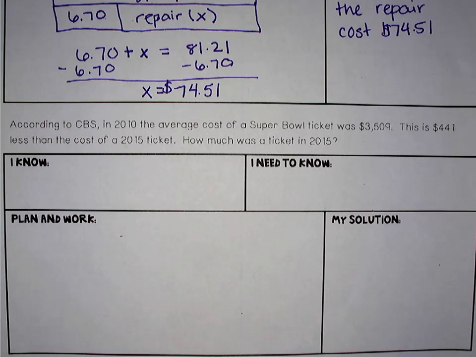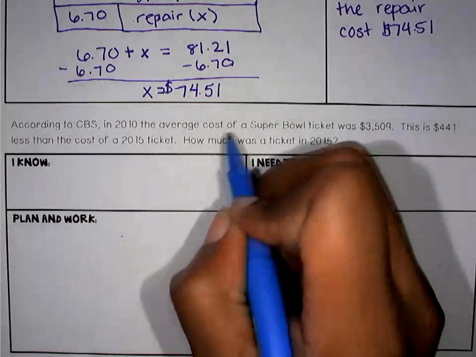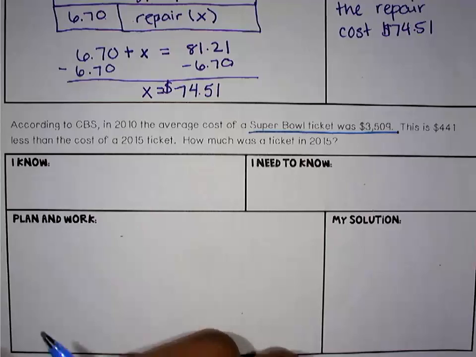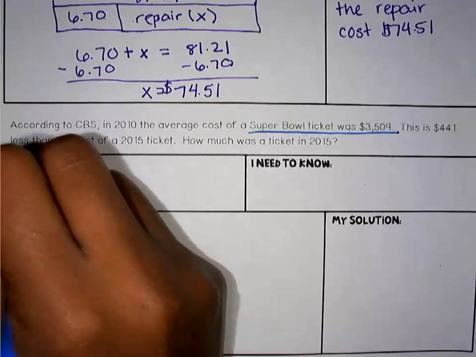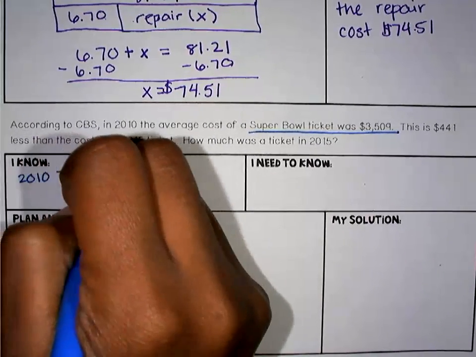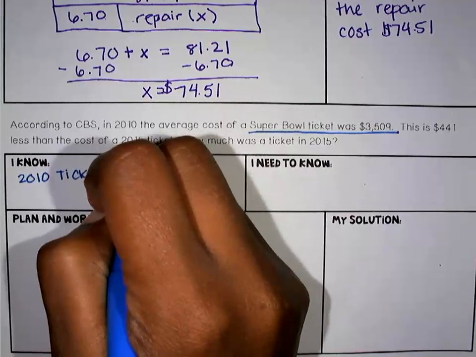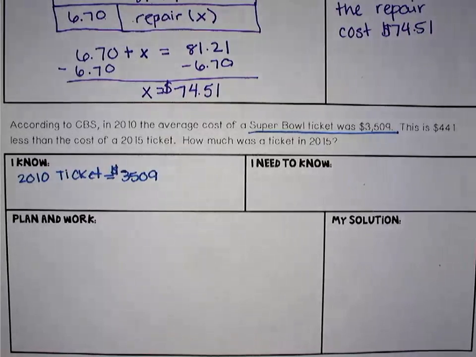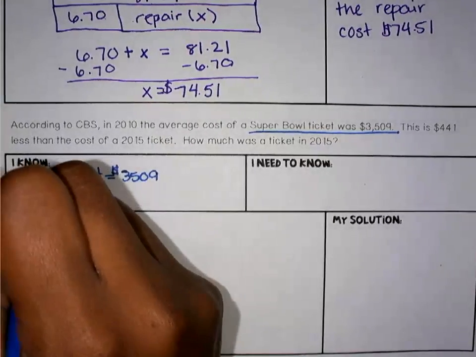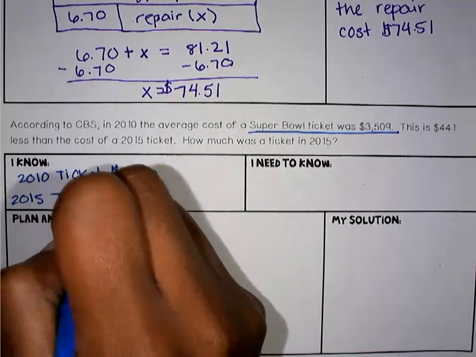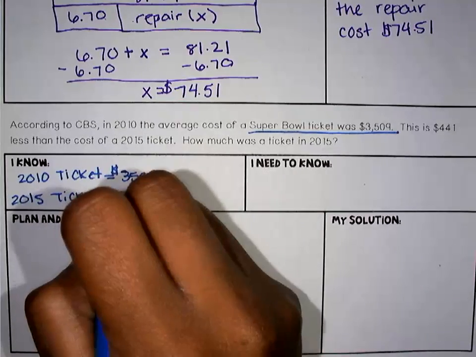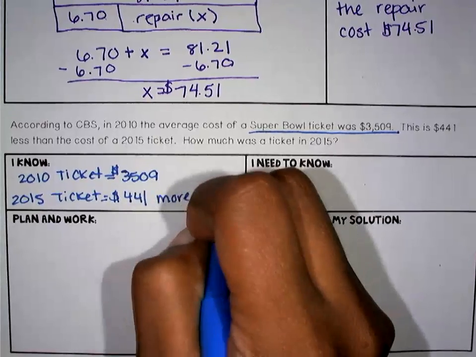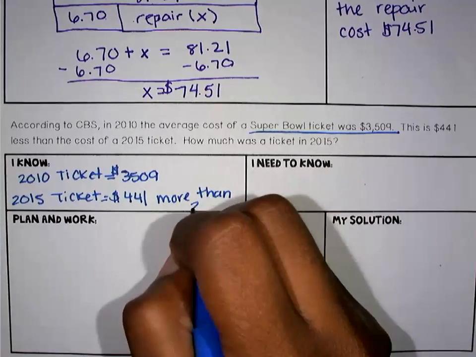So, what do you know? All right, I know that the Super Bowl ticket was 3,509 in 2010. So I know that a 2010 ticket cost us 3,509, right? And we know that the 2015 ticket is $441 more than 2010.